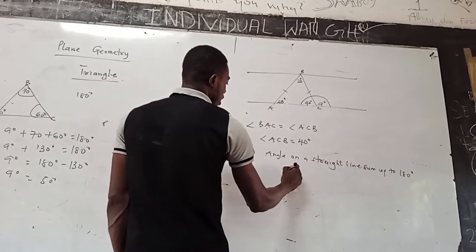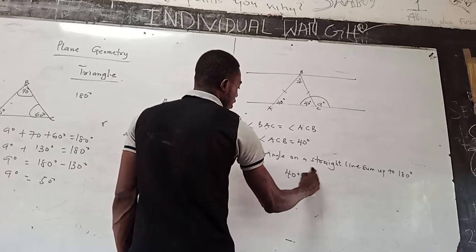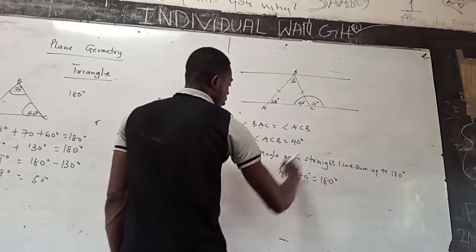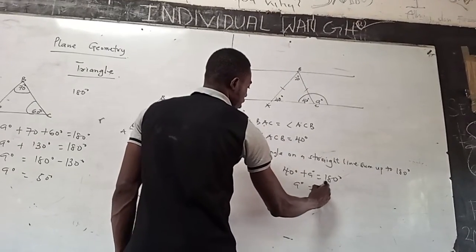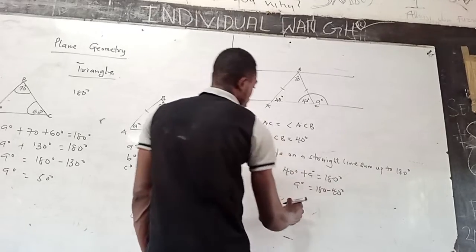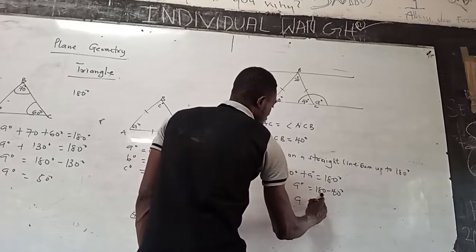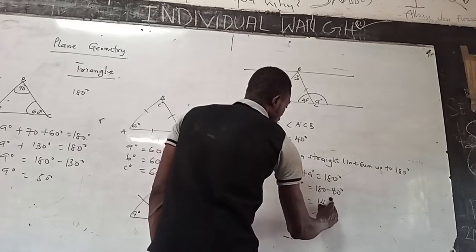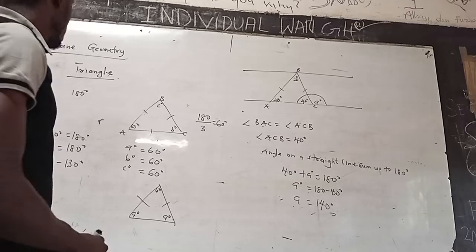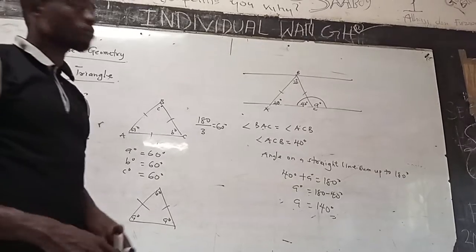So you write 40 plus A degrees should be equal to 180. So A is 180 minus 40. So A will be equal to 140 degrees. So that is going to be the answer.